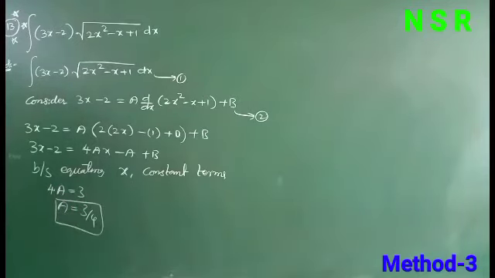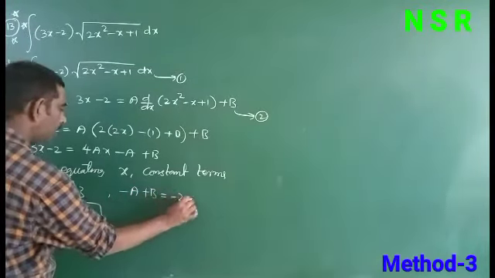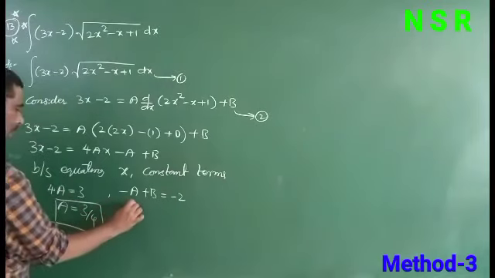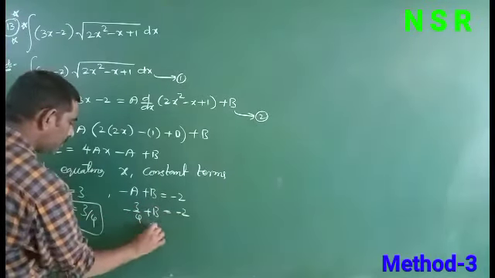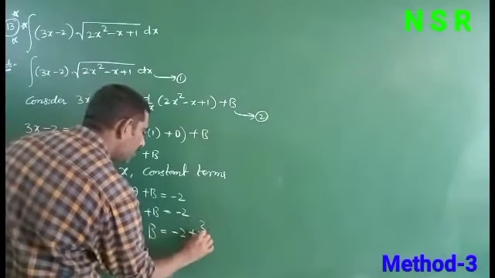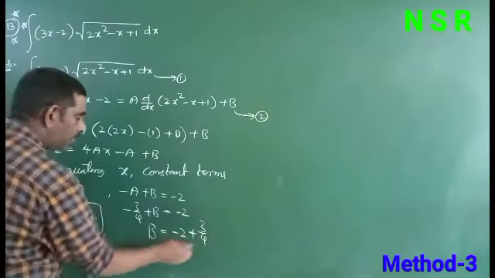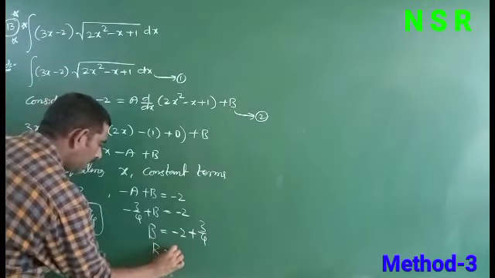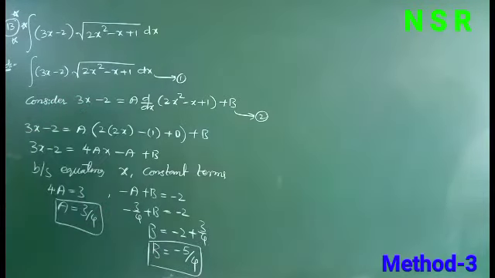Next, minus a plus b equal to minus 2. So 3 by 4 plus b equal to minus 2. We get b equal to minus 2 minus 3 by 4; moving this side it becomes plus 3 by 4. So minus 8 plus 3, we get minus 5. Now b value is minus 5 by 4. So a value is 3 by 4 and b value is minus 5 by 4.